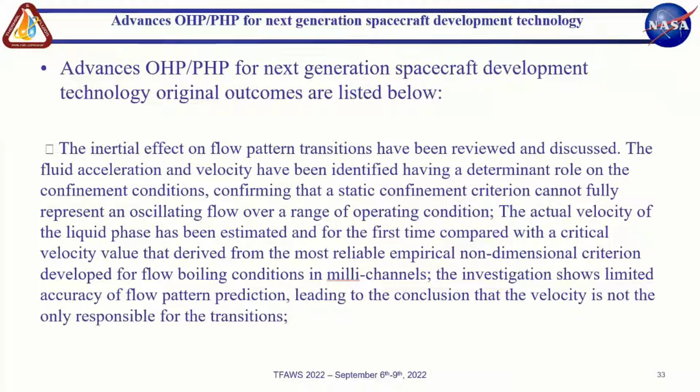Advanced O-squared PHP for next generation is also listed below with some recommendations. I'll explain it. Some basic parameters: the actual velocity of the liquid phase has been estimated for the first time, compared with the correlations derived from the most reliable empirical and dimensional carries developed for flow boiling conditions.